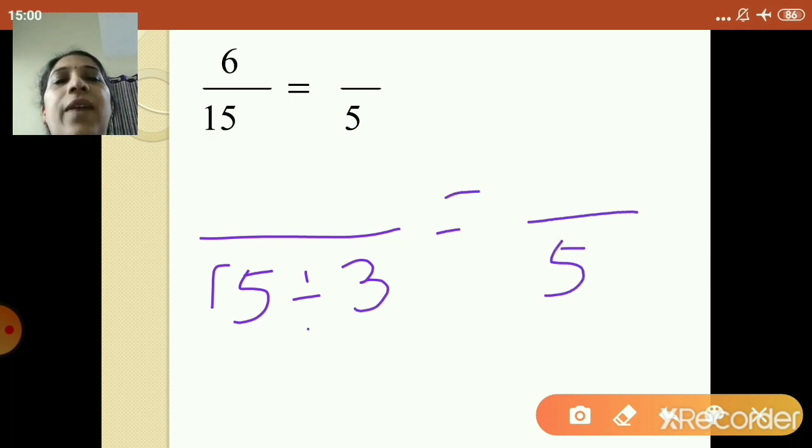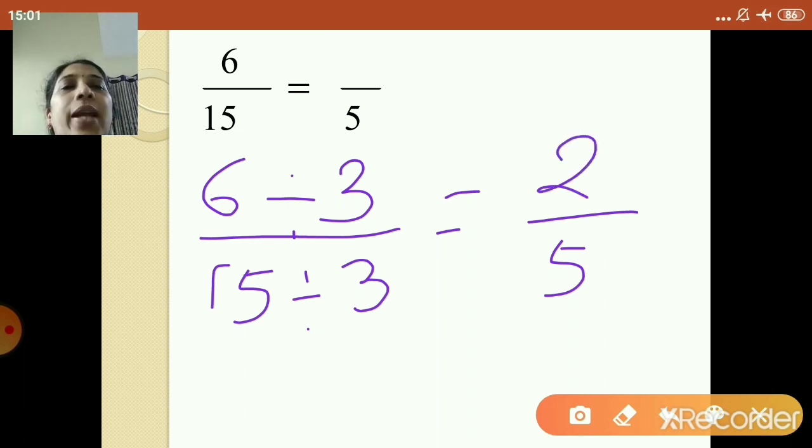So when you divide 15 by 3, you get the answer as 5. So what will you do? 6 also you will divide by 3. So 6 divided by 3 is equal to how much? 2. So you get the answer as 2 upon 5, right? So 6 upon 15 is equal to 2 upon 5.